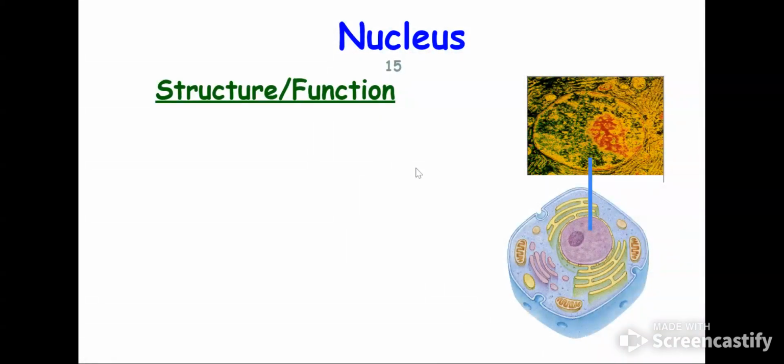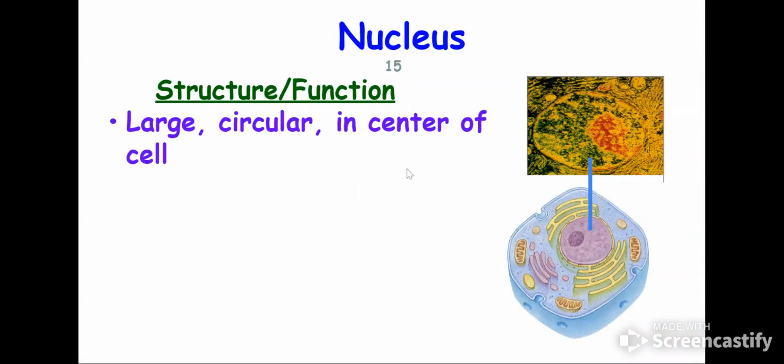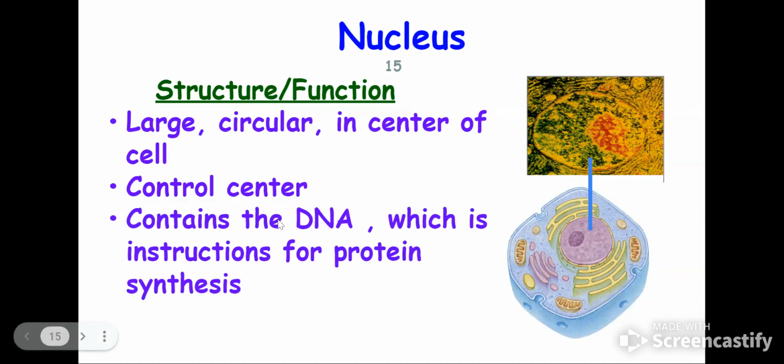The nucleus is large. It's circular. It's in the middle-ish of the cell. It is the control center. What that means, because control center is your middle school definition, is that it has DNA. DNA is the instructions for protein synthesis.